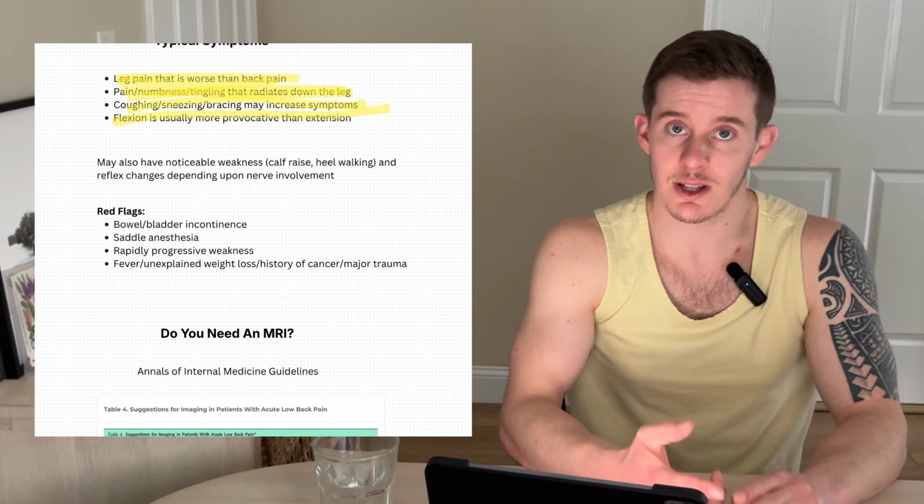Again, we talked about earlier how a lot of disc bulges and herniations and other injuries are present very frequently in people who don't have any pain or limitation. It's even been shown that they have them pretty much just as frequently as people who do have pain and actual disc injuries. So because of that, the chances are if you're over the age of 15, then you're probably going to find something on that MRI.